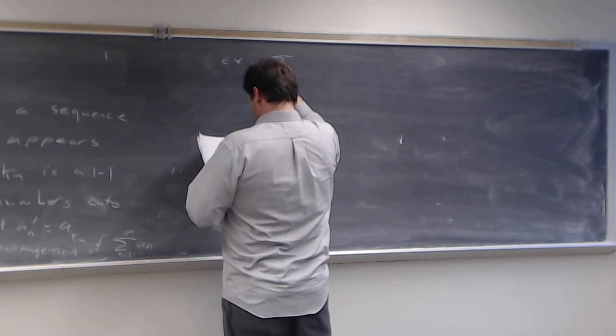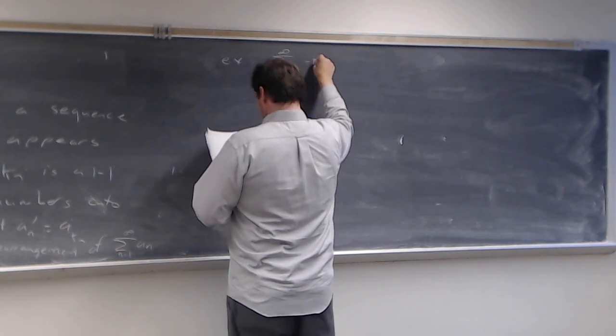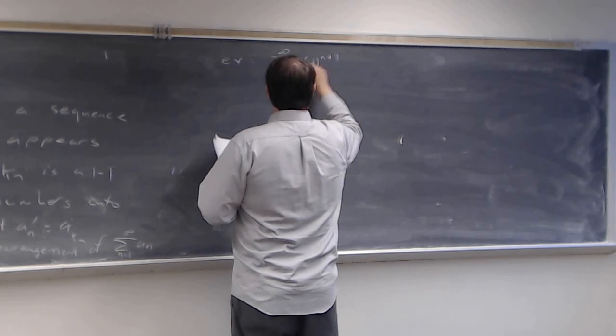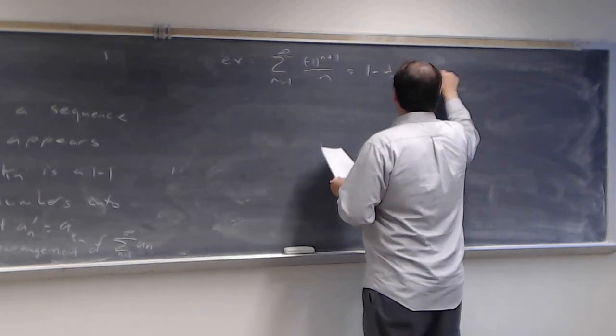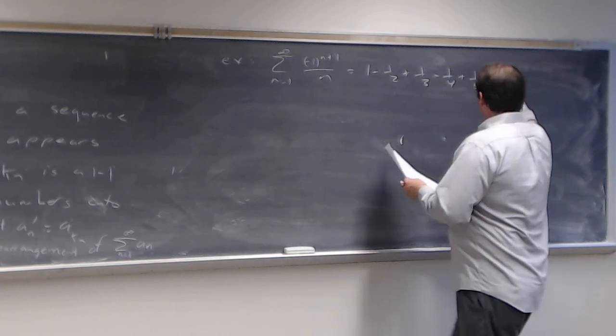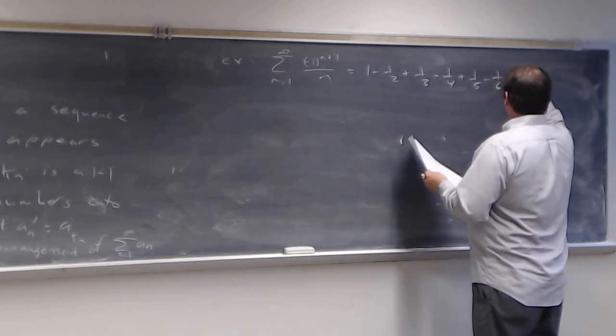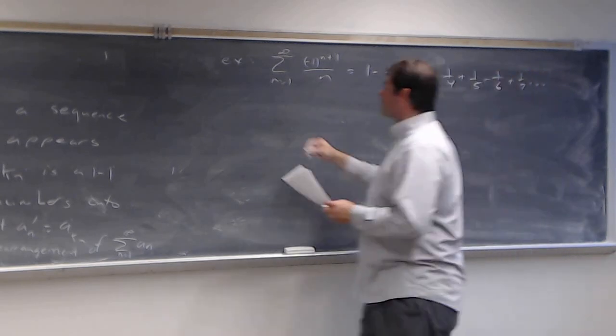The sum as n runs from 1 to infinity of minus 1 to the n plus 1 over n, which equals 1 minus 1/2 plus 1/3 minus 1/4 plus 1/5 minus 1/6 plus 1/7 and so forth, is a convergent alternating series.